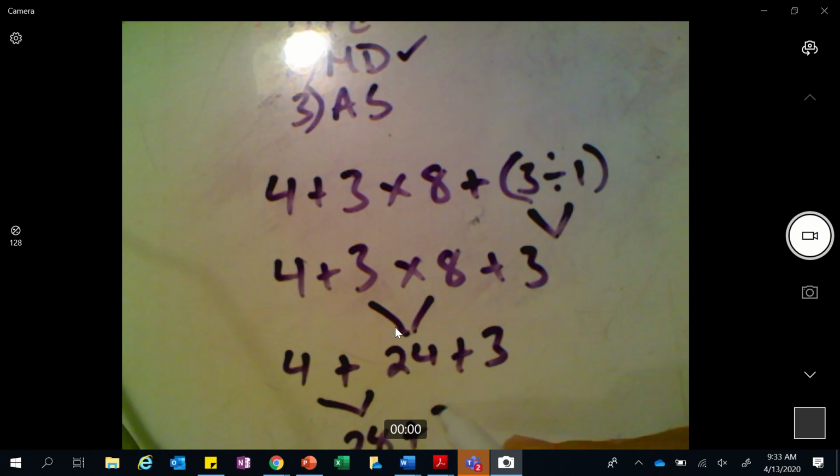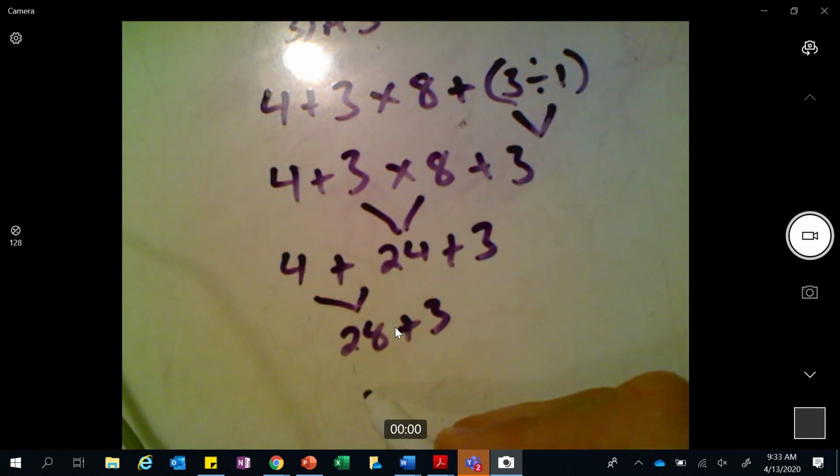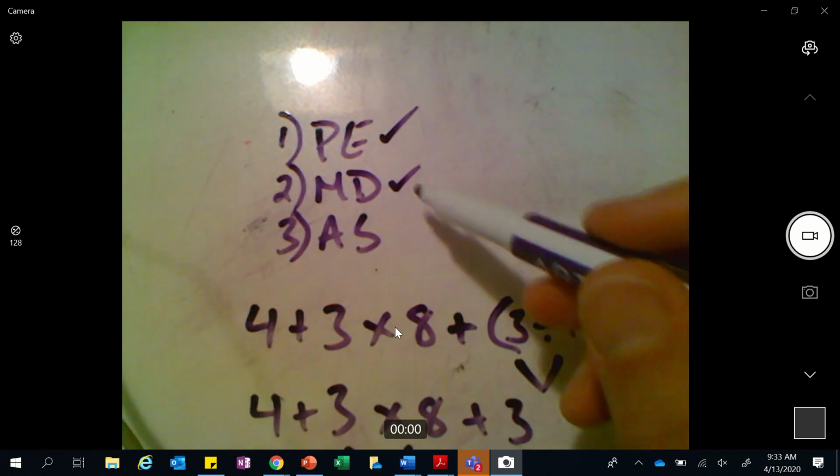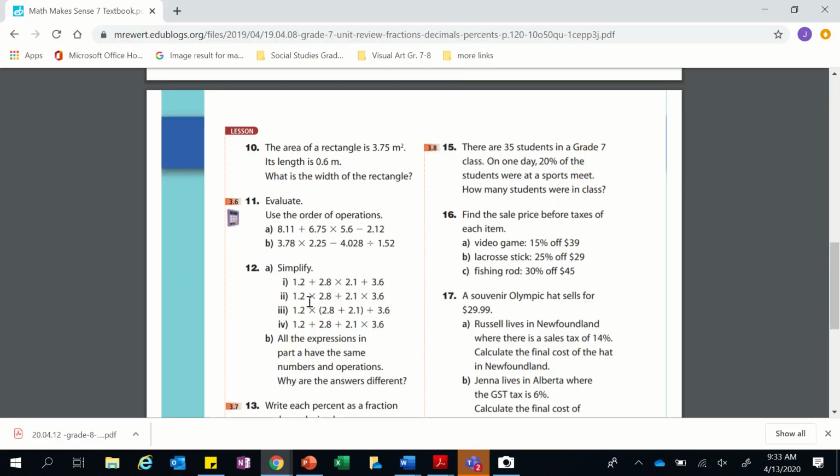And now 28. And then that equals 31. So when you're doing your order of operations, such as in number 11 here, don't forget what comes first. So for example, in A here, I would notice that this multiplication part would come first because it is before addition and subtraction.